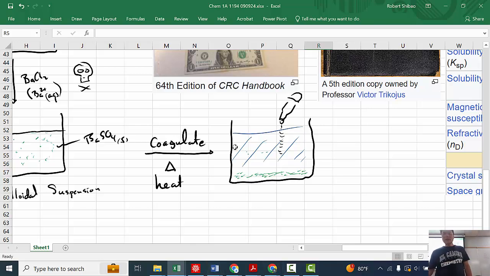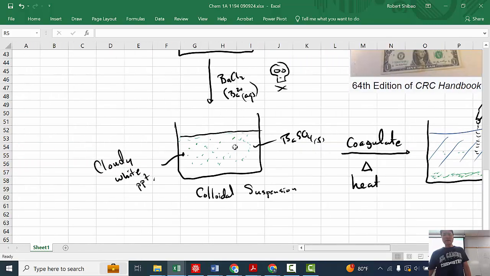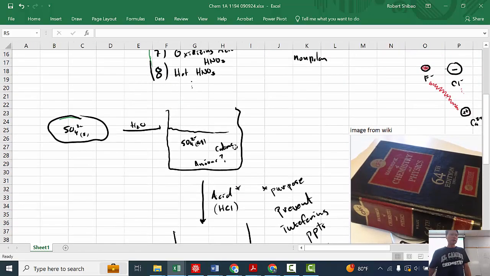All right, now there's other complications that I want to talk about. The first complication is this. These ionic lattices have charges, and water is polar, so water is going to be attracted to these charges, either the positive or negative.